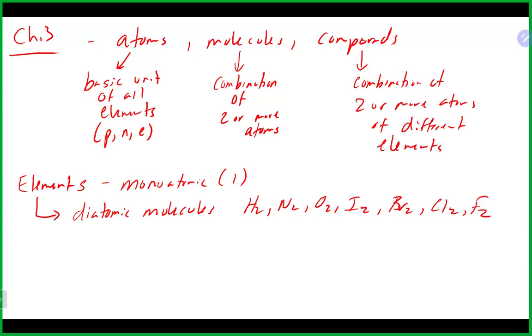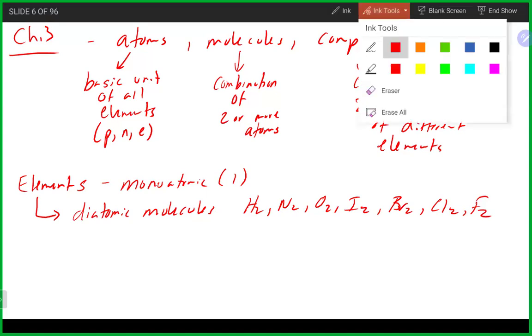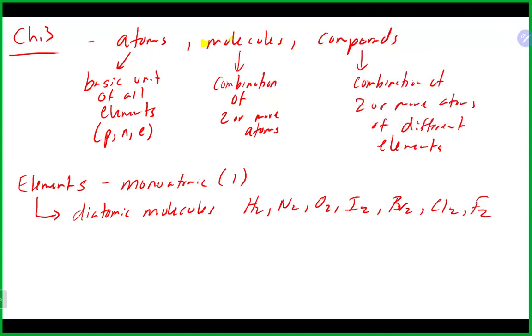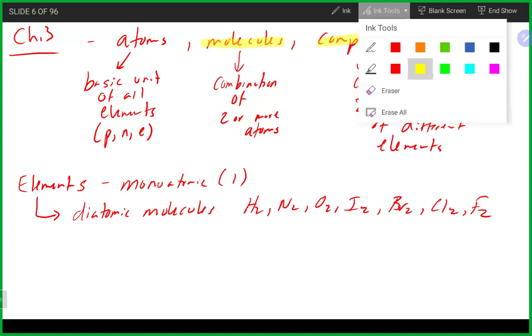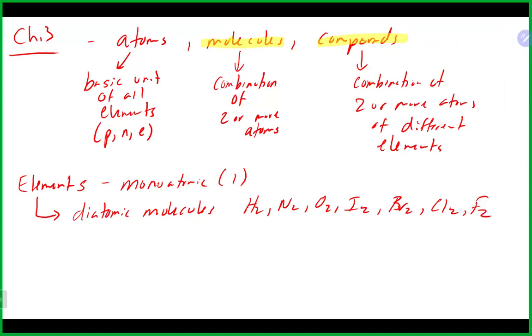Those guys, again, are elements because they only have atoms of the same element, but they also are molecules. So remember that when we talk about molecules and compounds, there is a difference between those two. As we talked about, molecule is a more generic term. It could be the same element or different elements, and they would be considered molecules.